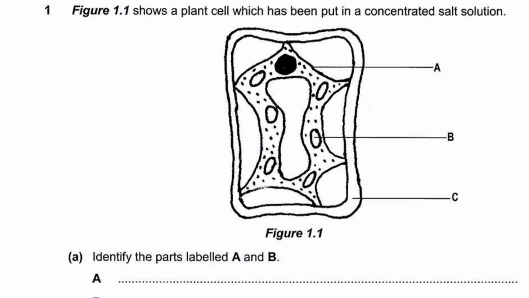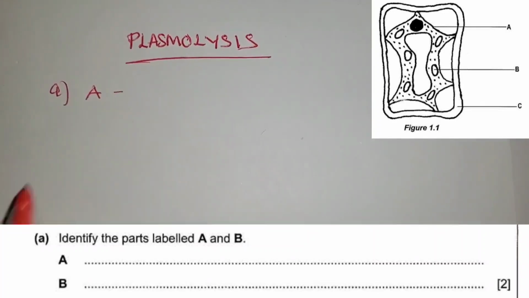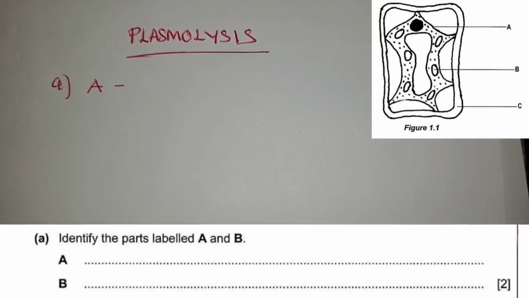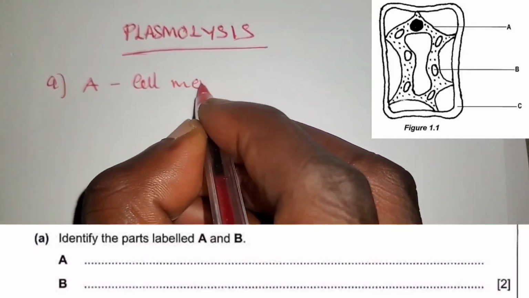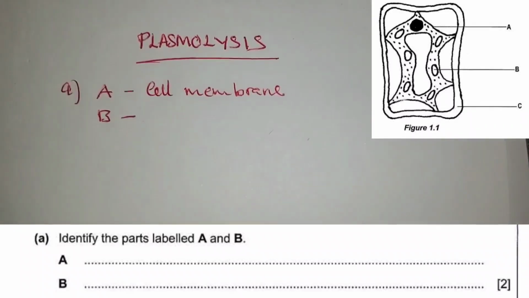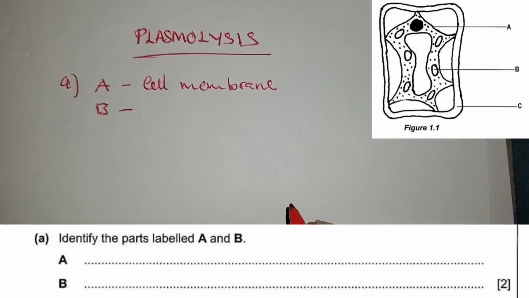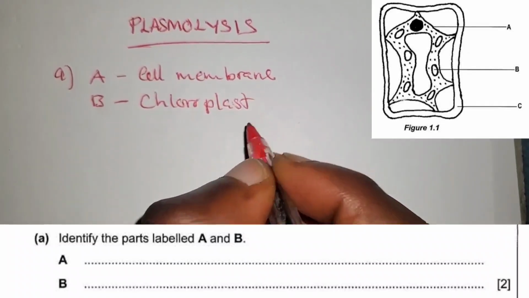Now A, identify the parts labeled A and B. So part labeled A is the cell membrane. It has shifted because it has lost water. B is pointing to those white circles. Those are chloroplasts.